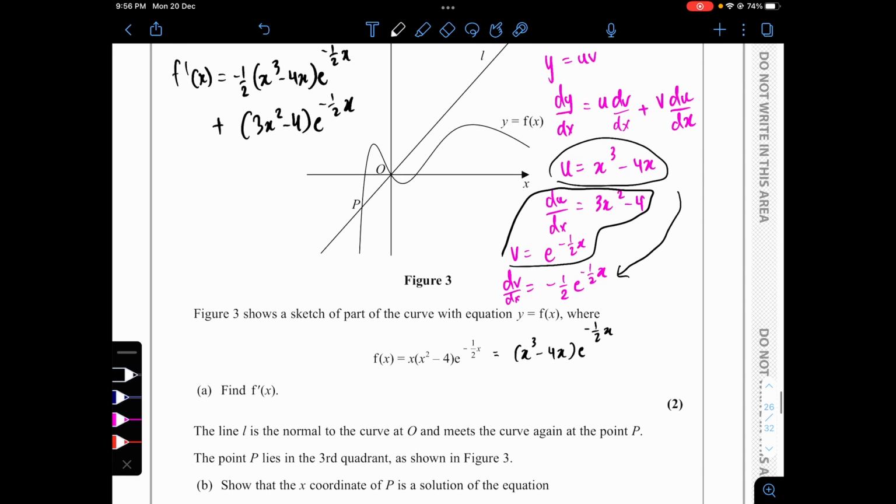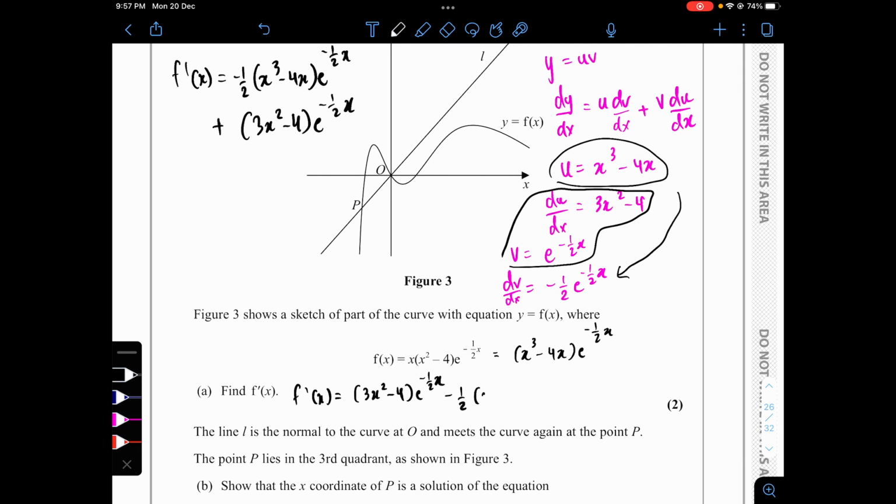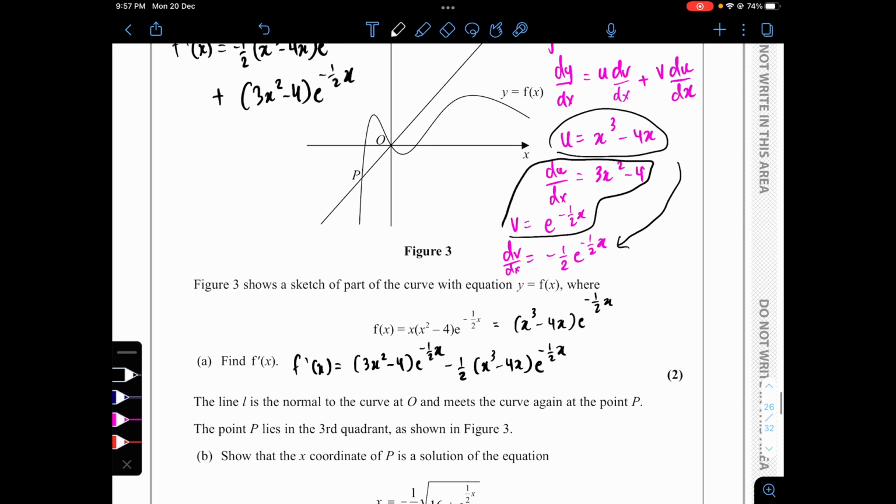If I write it more neatly, in one line, let's take the positive one first: 3x squared minus 4 e to the power of minus a half x minus 1 over 2 x cubed minus 4x e to the power of minus 1 over 2x. That is our final answer to finding the differentiation.